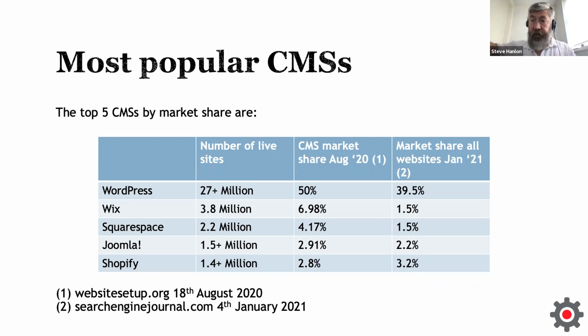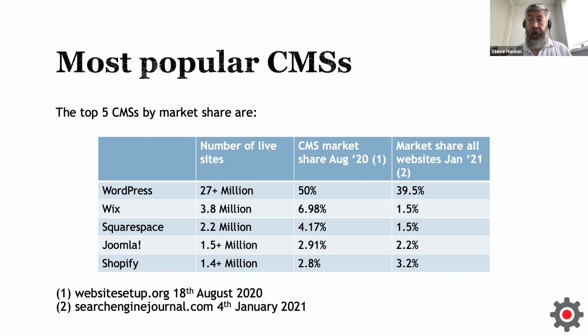Given that there are all of these different CMSs out there, it's interesting to see that WordPress has about a 50% market share. This is from nearly a year ago, when I pulled these numbers out: 50% market share of CMS sites. What that means is if you navigate to a site that's managed by a content management system, there's a 50% chance that it's running on WordPress.